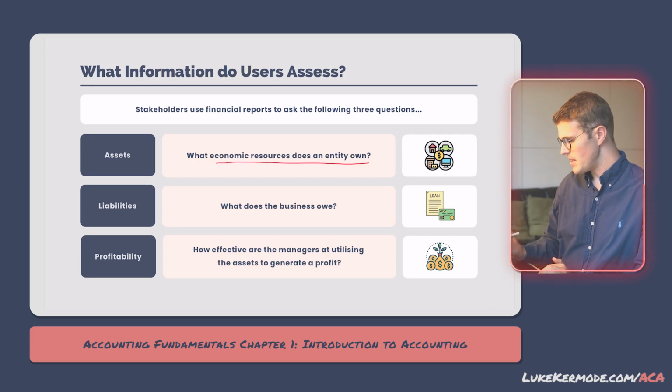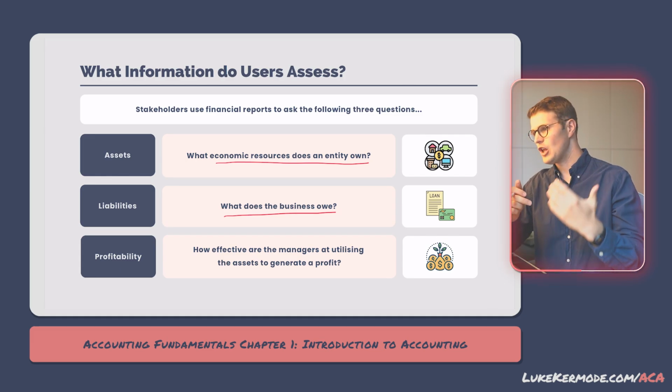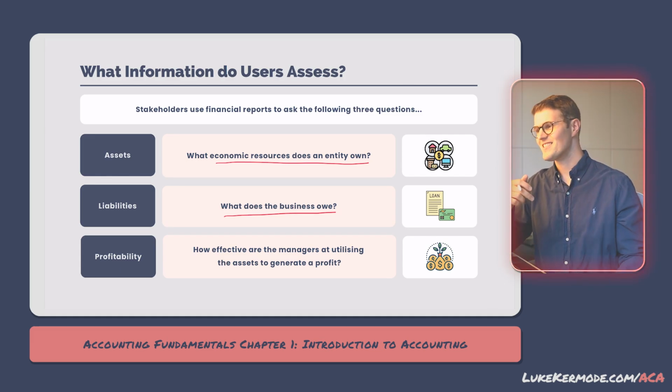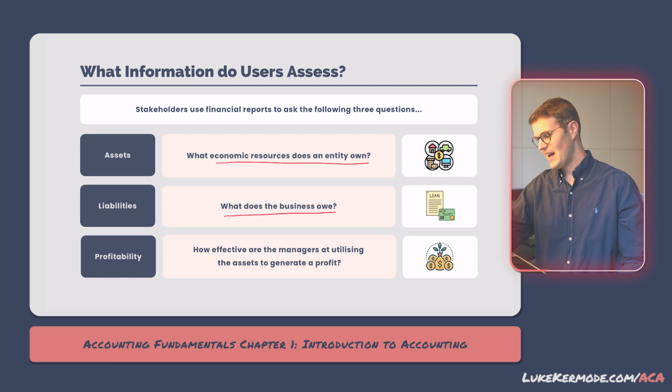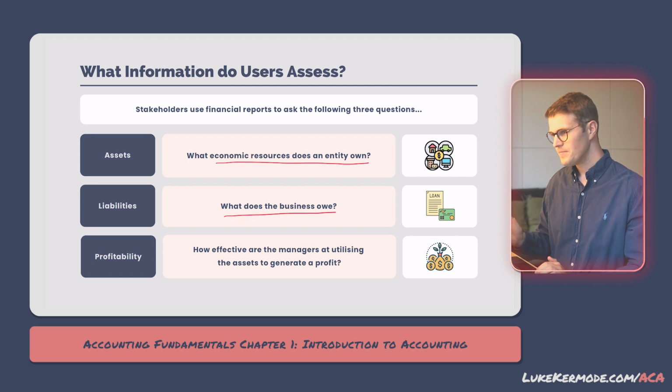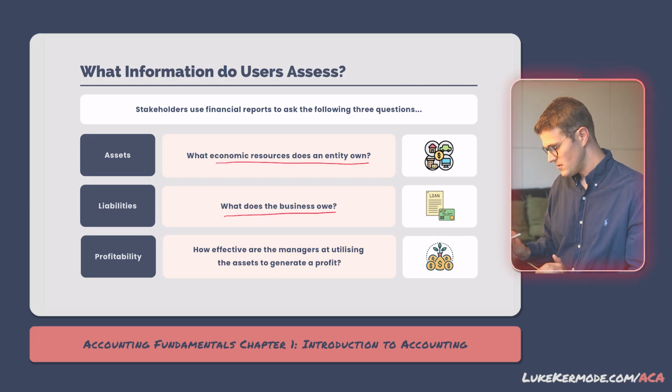Second, what does the business owe? These are the business's liabilities, such as loans, outstanding payments to suppliers, or other debts. Knowing how much a business owes gives users a clearer picture of its financial obligations and its risks. And thirdly, users look at how efficiently the business's managers are using its resources to generate a profit.